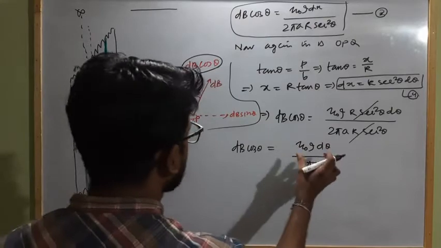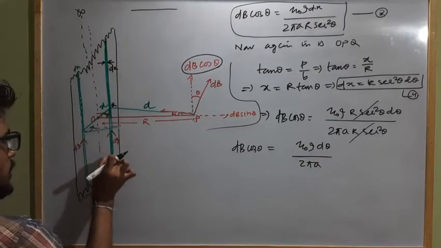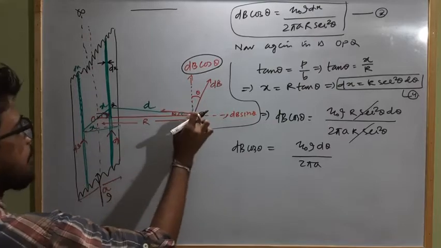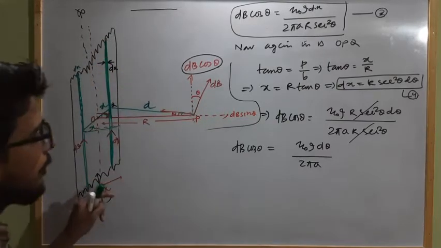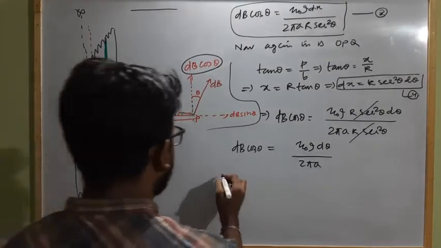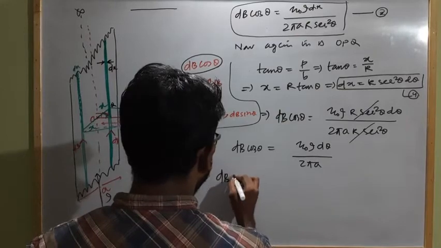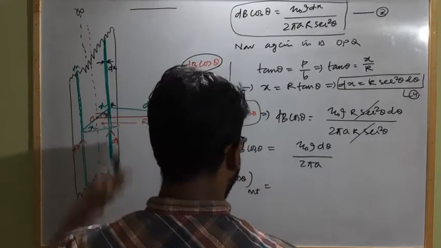This will be the expression for the net magnetic field at point P due to this small segment of infinite length. But we have to find out the net magnetic field due to the complete segment. So dB cos theta net will be equal to how much?